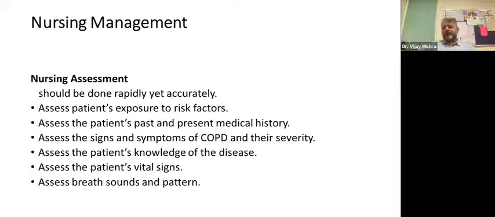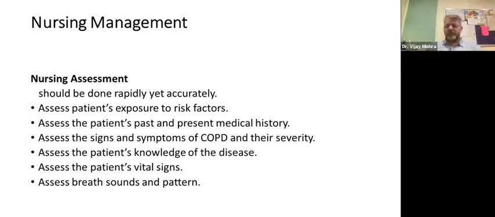So how do you do it? You remember we started with taking a health history. So assess the patient's exposure to risk factors. You take a history, they'll tell you what the risk factors are, if it's a smoker or occupational exposure or environmental exposure. Assess the patient's past and the present medical history.